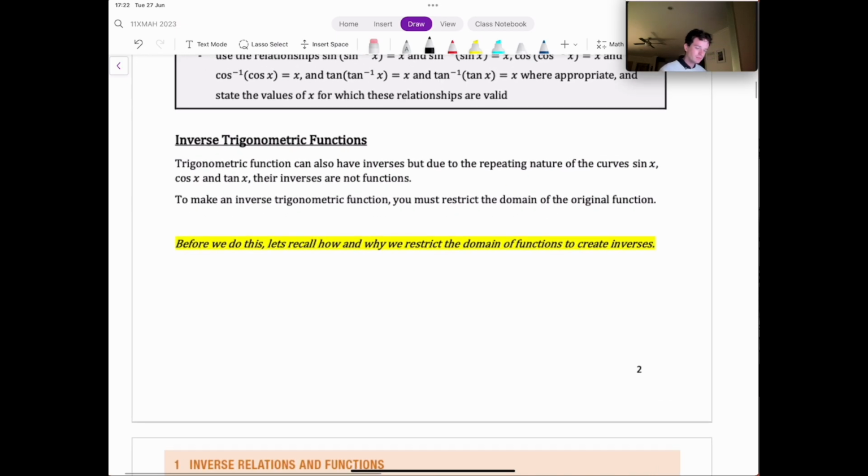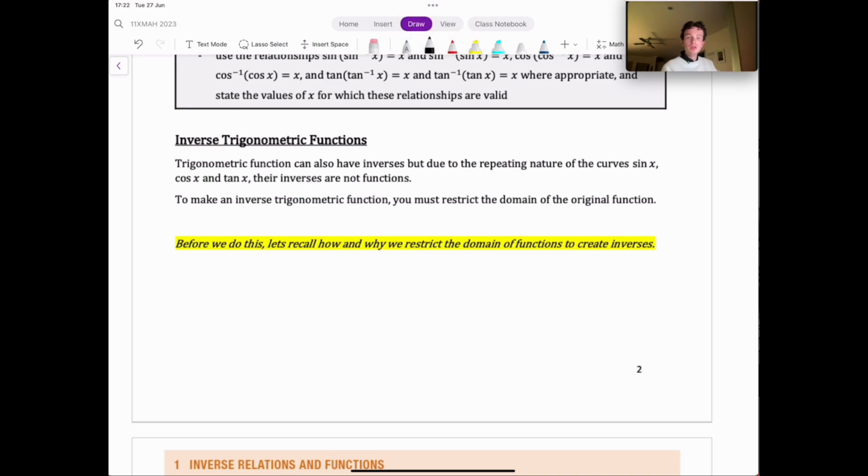So inverse trigonometric functions. Trigonometric functions can also have inverses, but due to the repeating nature of the curves of sin x, cos x, and tan x, their inverses are not functions. We know that for a function to have an inverse across its entire domain, it has to pass the horizontal line test.